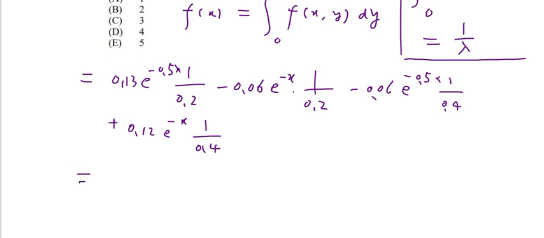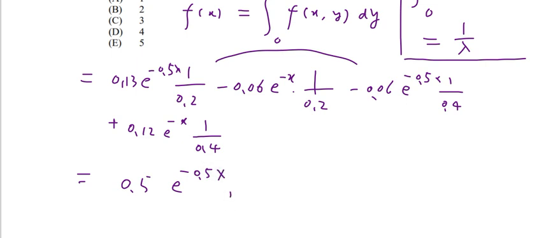So we put this and this together, 0.5x and negative x, and we find this one cancelled. Finally we get 0.5 e to the negative 0.5x.